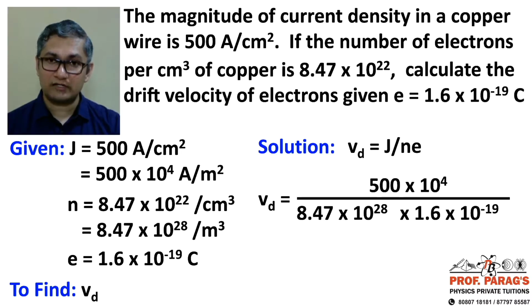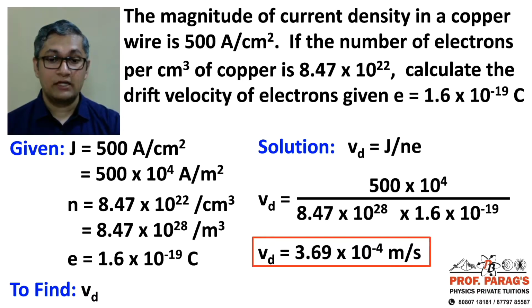Please make sure the numerator is more than the denominator, all numbers are more than 1, and we should have 4 digits. If you do the log calculation, you can pause the video here, solve it in your notebook, and you should get this final answer. It is 3.69 into 10 to the power minus 4 meters per second. This is the drift speed of the electrons.